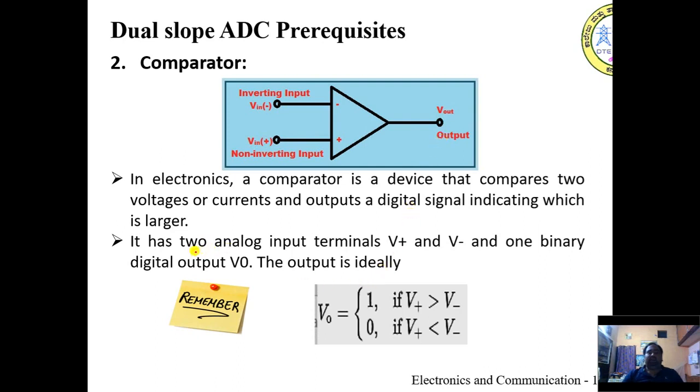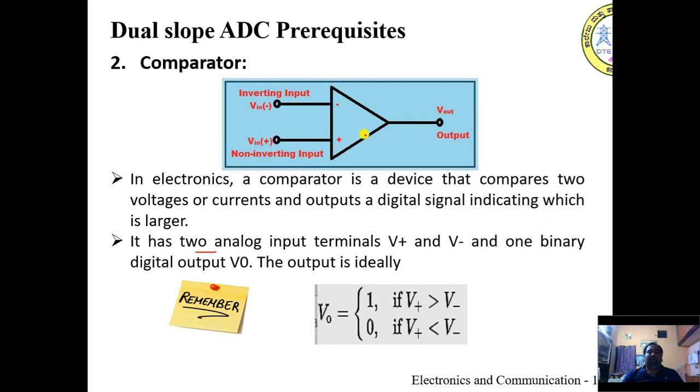It has two analog input terminals, V plus and V minus, and one binary digital output V naught. The output is ideally equal to 1 whenever V plus is greater than V minus, otherwise it will be 0.